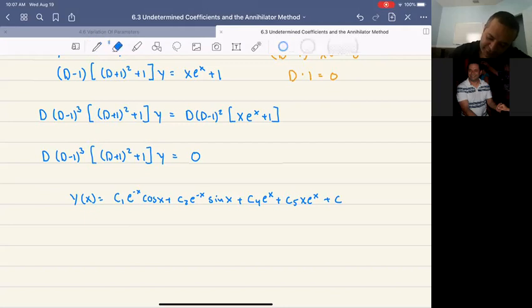I miscounted. It happens. And now the D means we're going to have a plus c6.